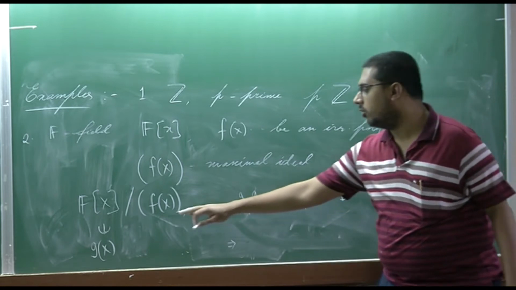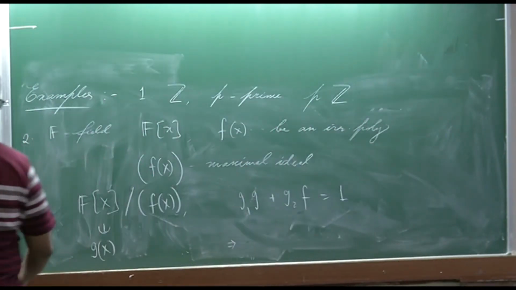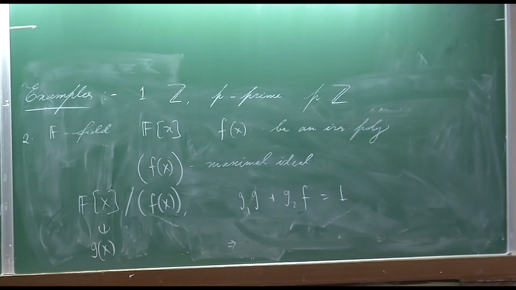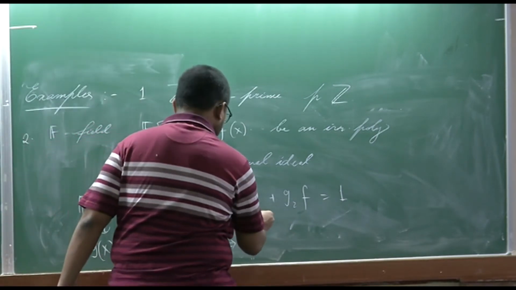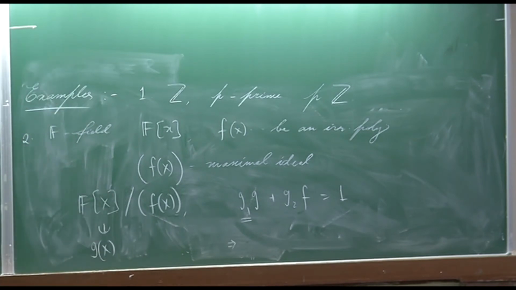Reduce both sides modulo this ideal, and you will see that g1 modulo the principal ideal generated by f(x) is going to be the desired inverse.